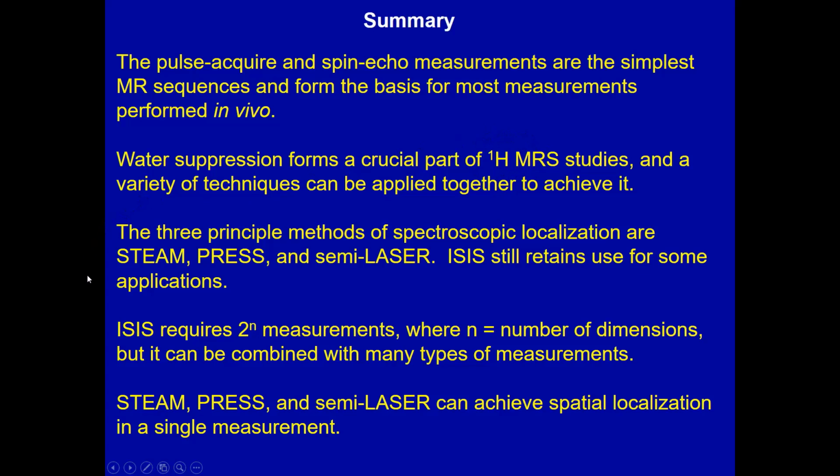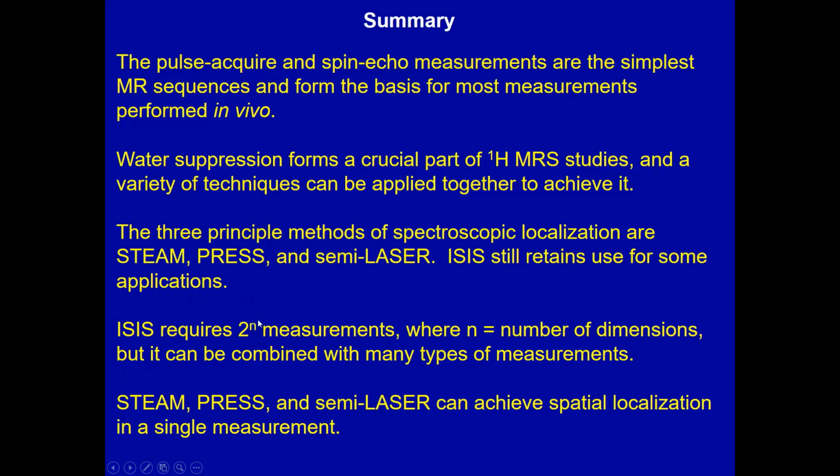The three main methods of localization in use today for proton spectroscopy are STEAM, PRESS, and semi-LASER. We do use ISIS. It's still used for some applications, but on a clinical system, you won't often encounter it. And the reason people generally don't like ISIS is that it requires 2 to the n measurements, where n is the number of dimensions that you want to localize.